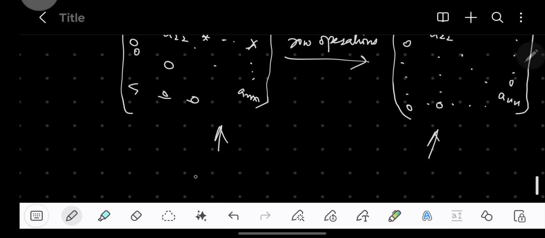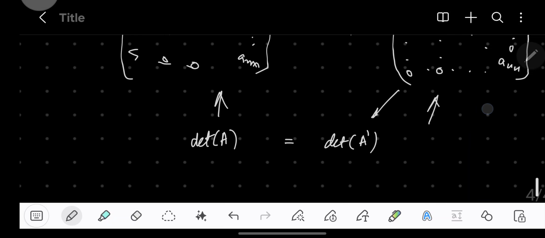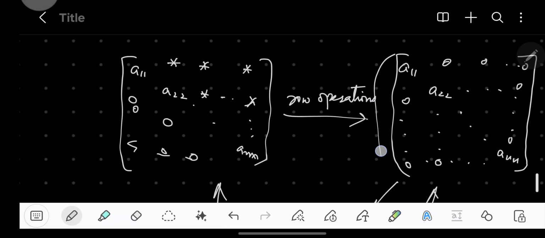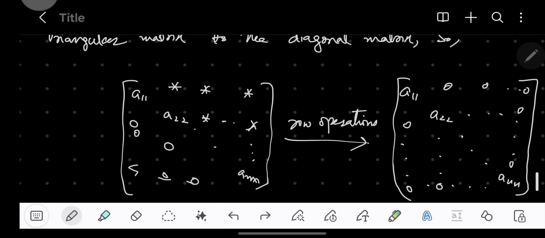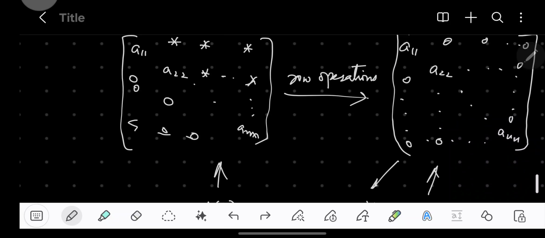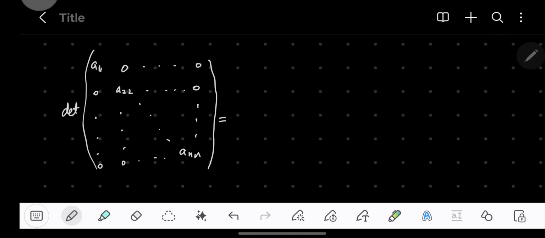That means the determinant of this matrix A and the determinant of this matrix A prime are the same. So if we calculate the determinant of this diagonal matrix, that is the same as the determinant of this matrix. How to calculate the determinant of the diagonal matrix?